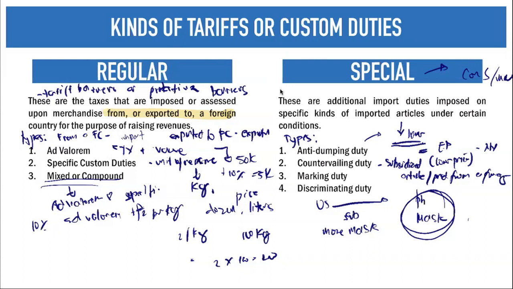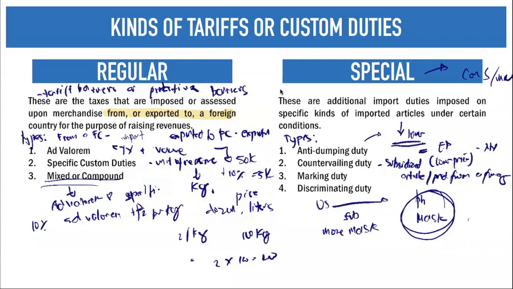Take note, these special customs duties are given for the protection of the local industry. So in anti-dumping duty, there is a lower price. In countervailing duty, there is a subsidized article or product which now threatens an industry. Okay? So that is your countervailing duty. Sir, what is the amount of our countervailing duty?